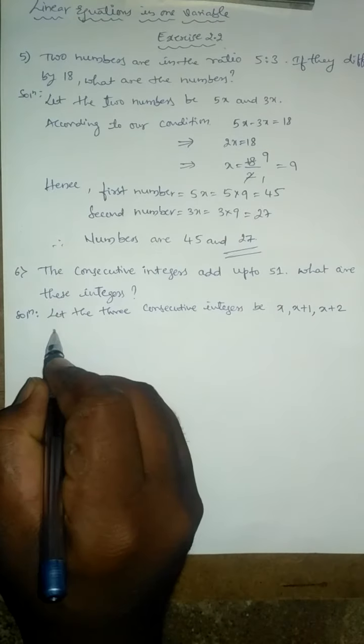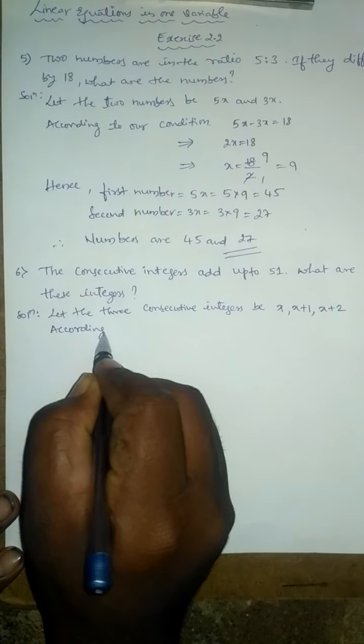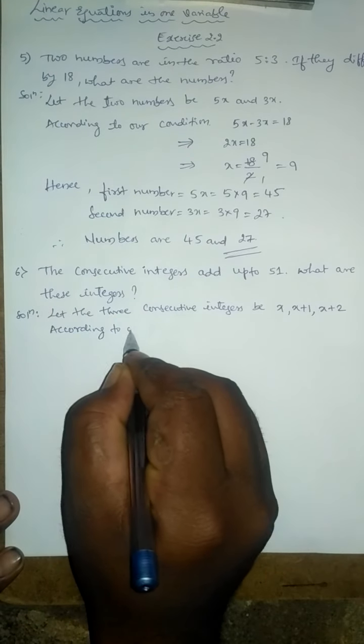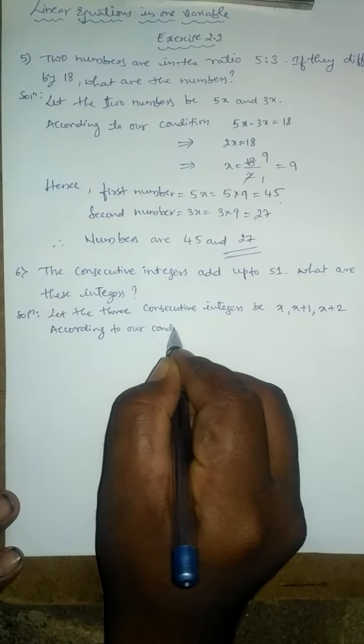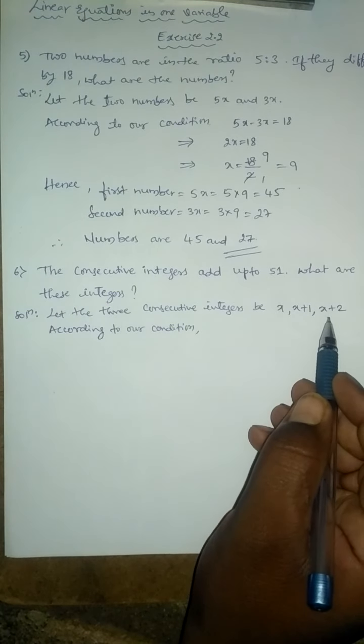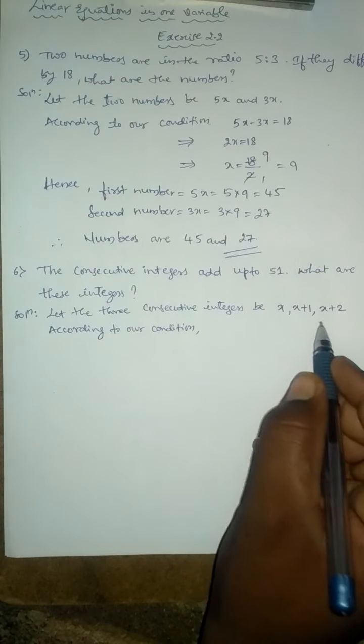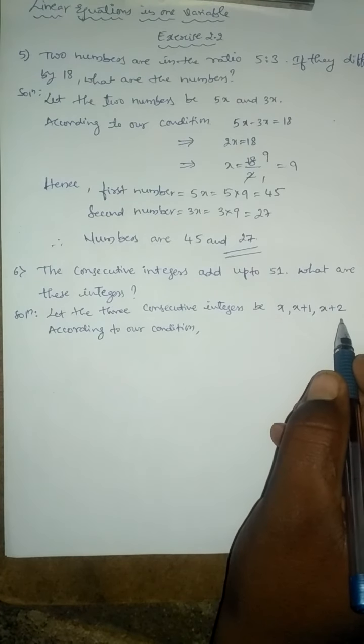So what does our condition say? According to our condition, three consecutive numbers add up to 51. For that reason, if I add all three numbers, that sum is equal to 51.